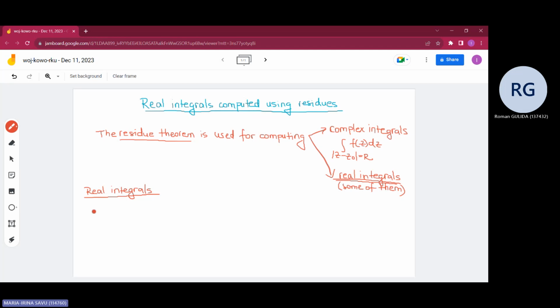You studied 3 types of real integrals. You have studied 2 types in the last seminar, and we have to talk about one more type.